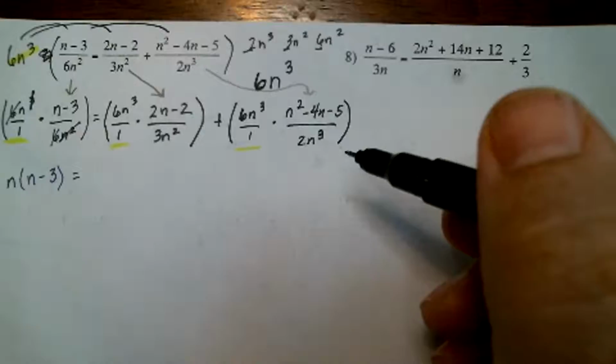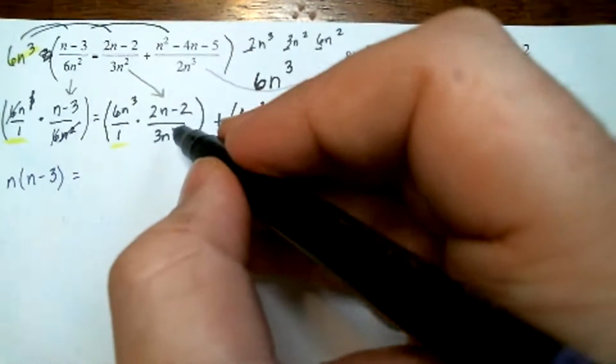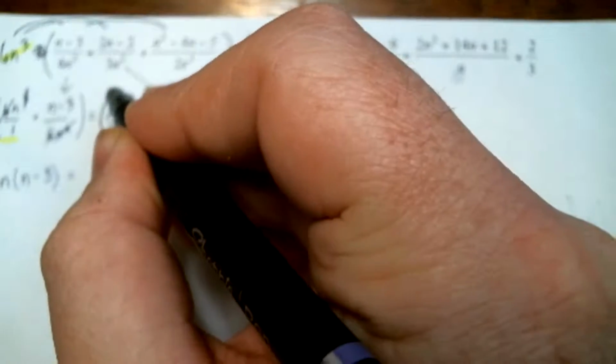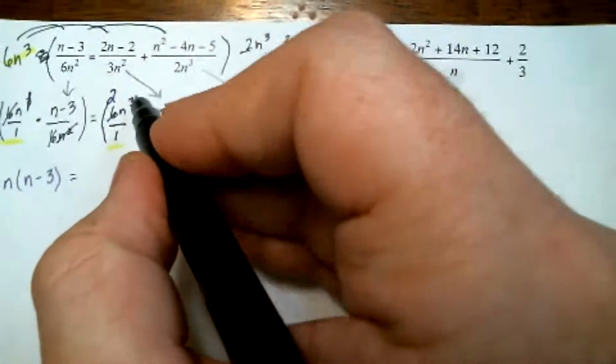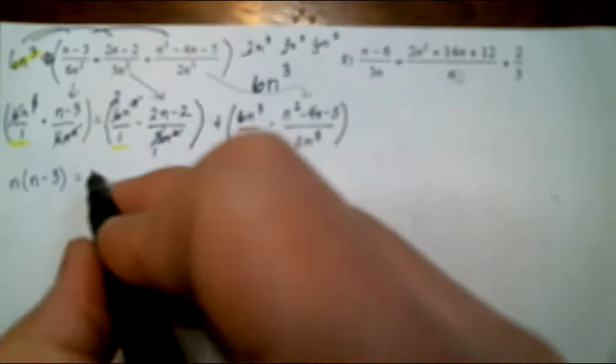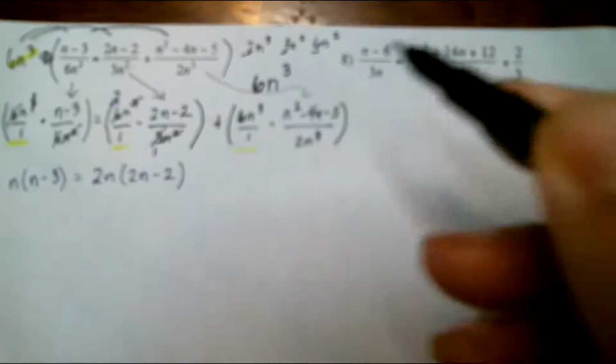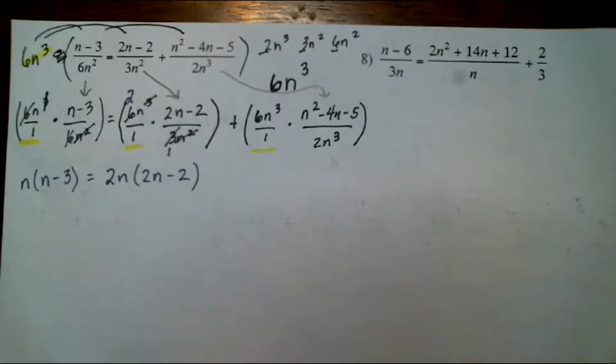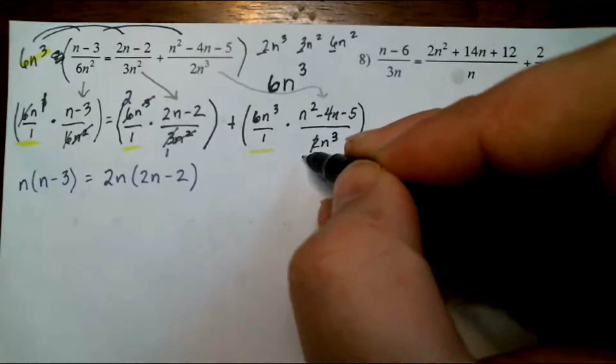is equal to, come over here, the 3 goes into itself once, it'll go into 6 twice. The n squared cancels with that 3. So I have 2n times 2n minus 2. Then over here, 2 will go into itself once.